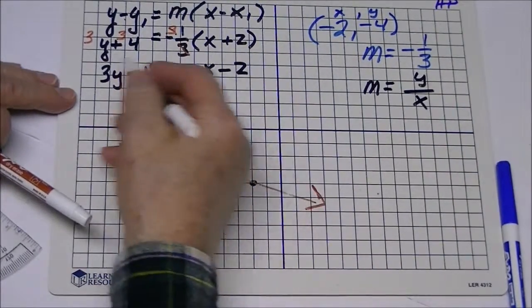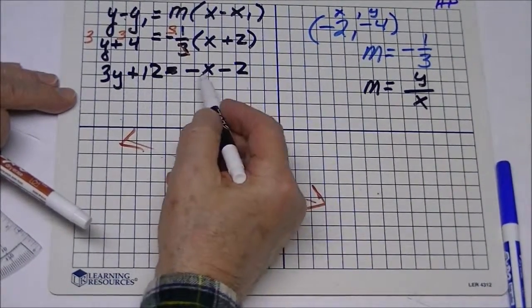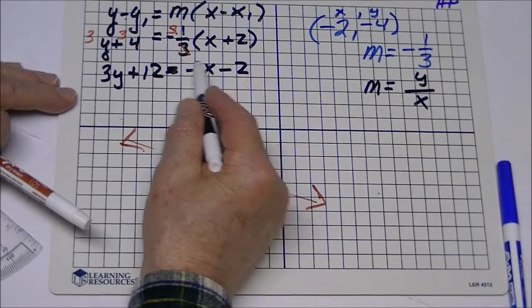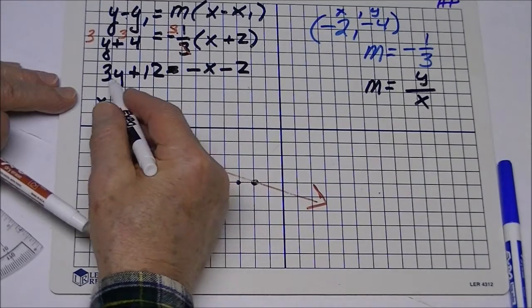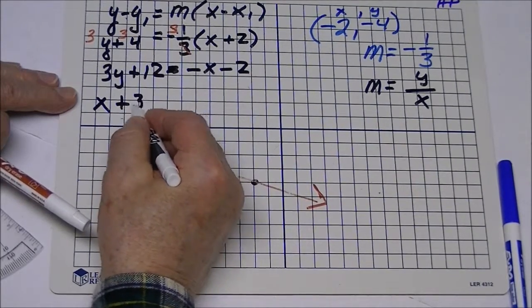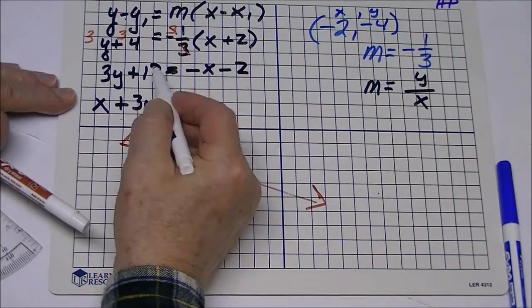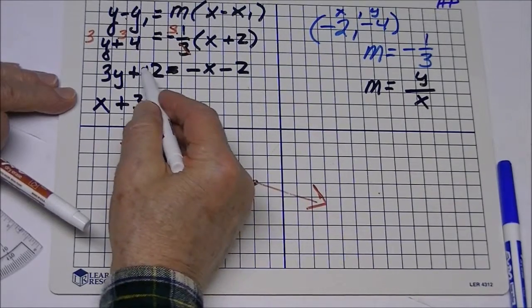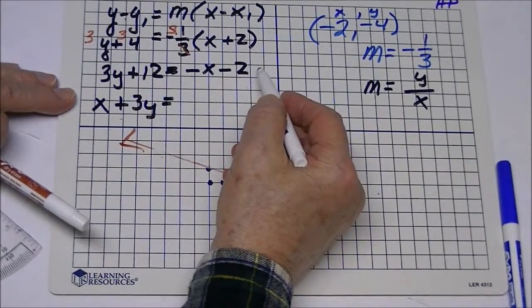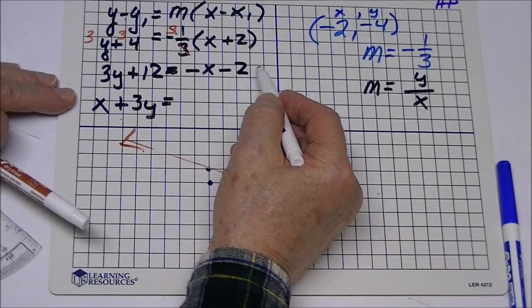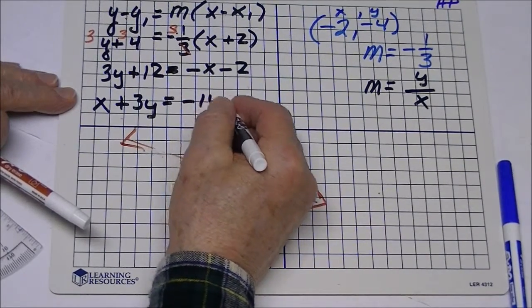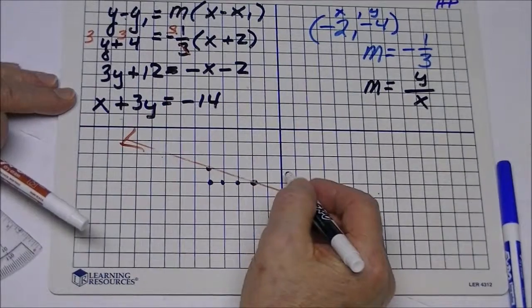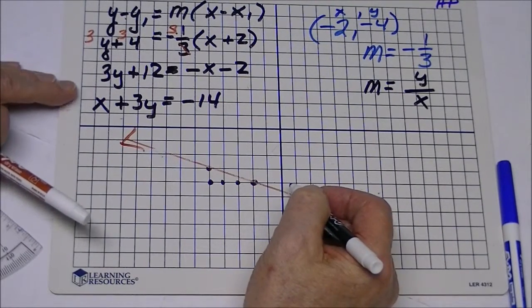And then putting this in standard form, we just bring our x term over to the other side, where it becomes a +x plus 3y. I'm going to take my +12 to the other side, where it becomes a -12, and this becomes a -14. So there is my standard form.